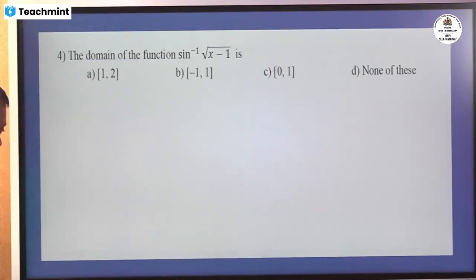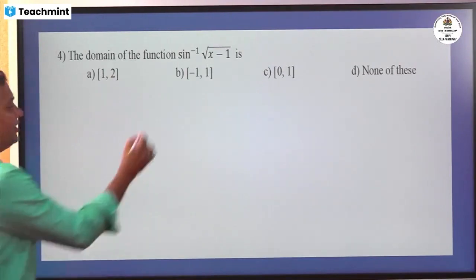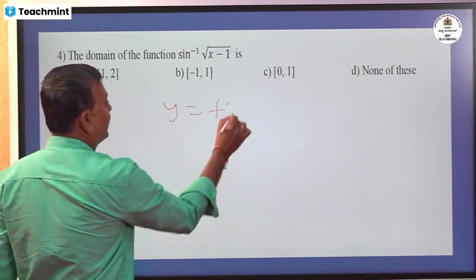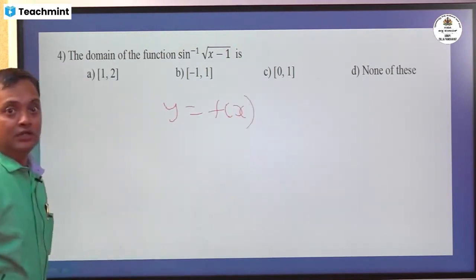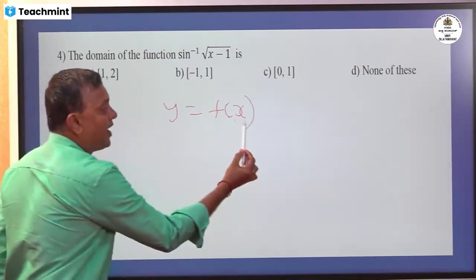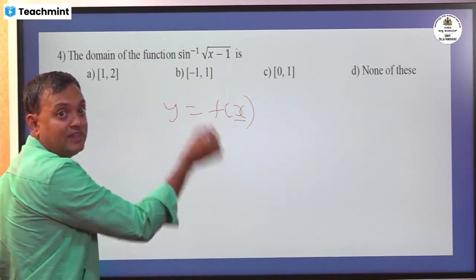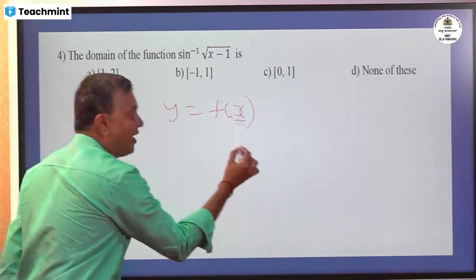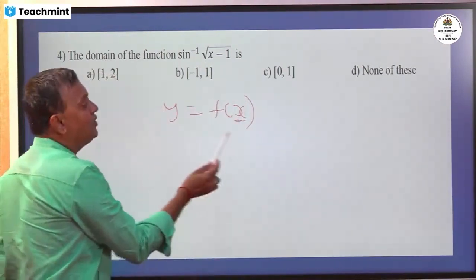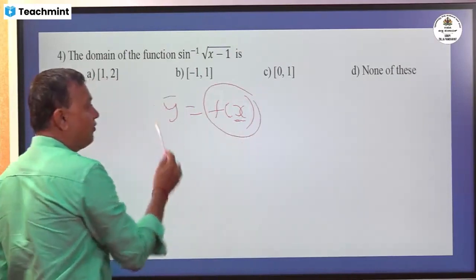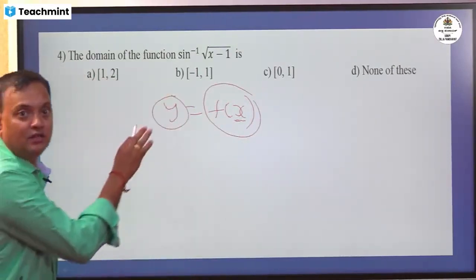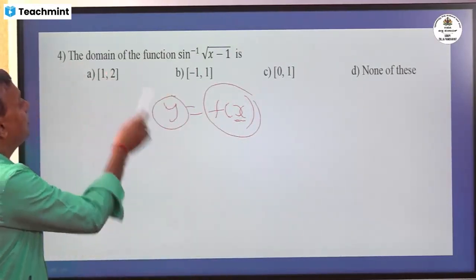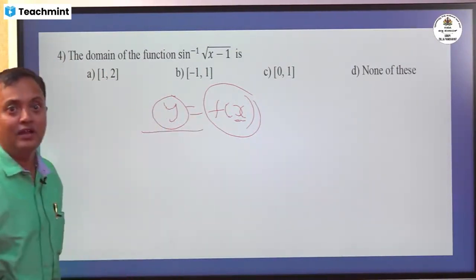Next one, the domain of the function. In the function y equal to f of x, the set of values of x defined in the function is called the domain, and the set of values of f of x or y is the range or image set.